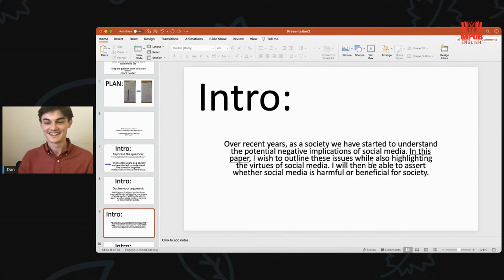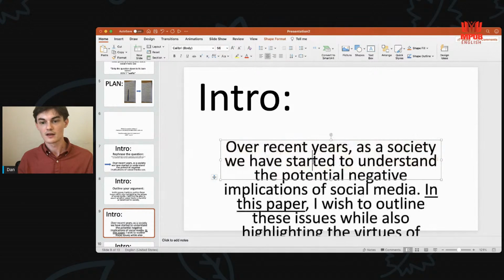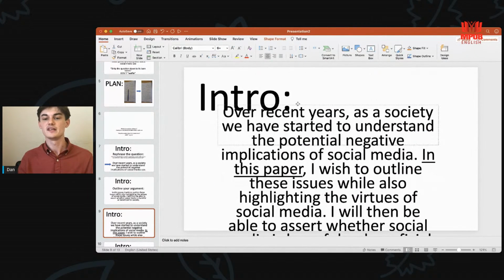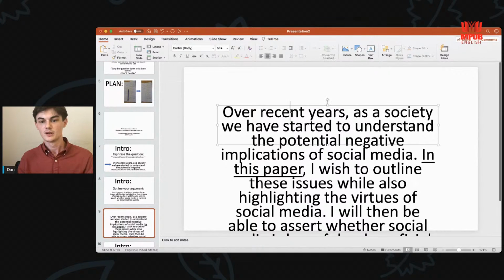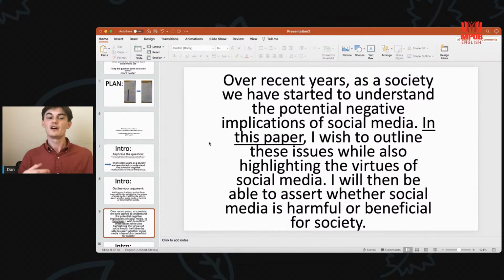All together then. I'm going to make this a little bit bigger so we can all see it. So I think this is it all put together. Over recent years, as a society, we have started to understand the potential negative implications of social media. As I've rephrased it, in this paper, I wish to outline these issues while also highlighting the virtues of social media.